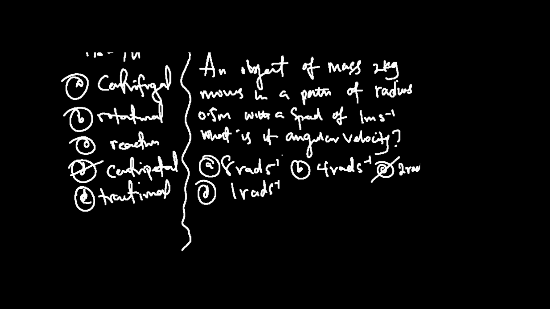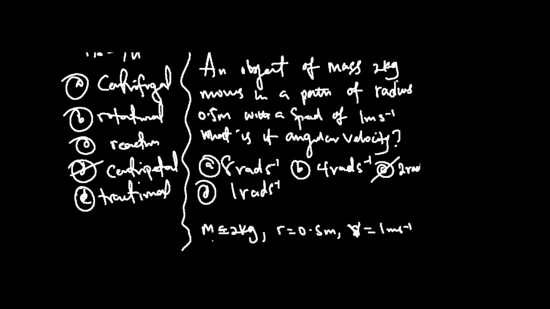If you look at the question, we said an object of mass 2 kilograms moves in a path of radius 0.5 meter with a speed of 1 meter per second. This speed is like velocity.